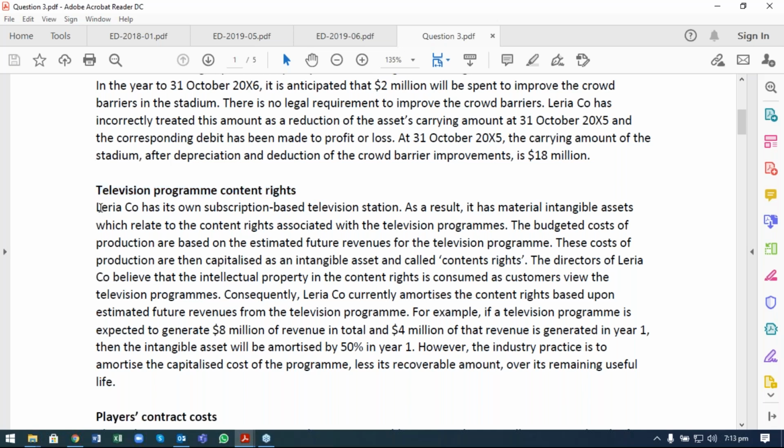Second is Laria company. Laria company has its own subscription-based television station. As a result, it has a material intangible asset which relates to the content rights associated with the television programs. The budgeted cost of production is based on the estimated future revenues from the television programs, and the cost of production is then capitalized as an intangible asset called content rights.